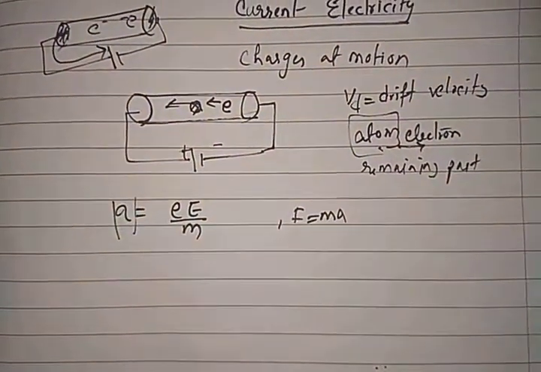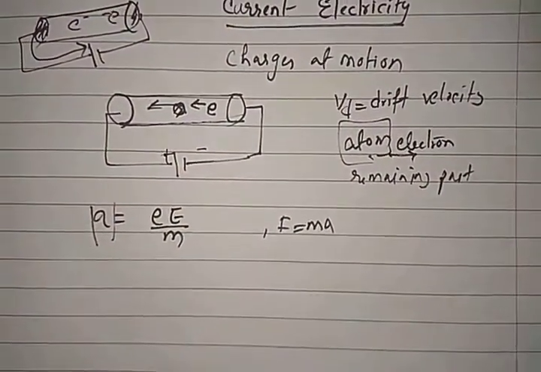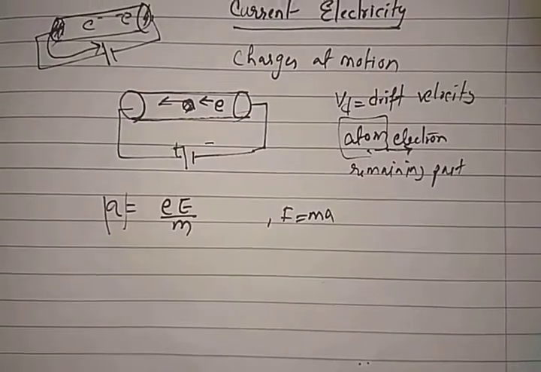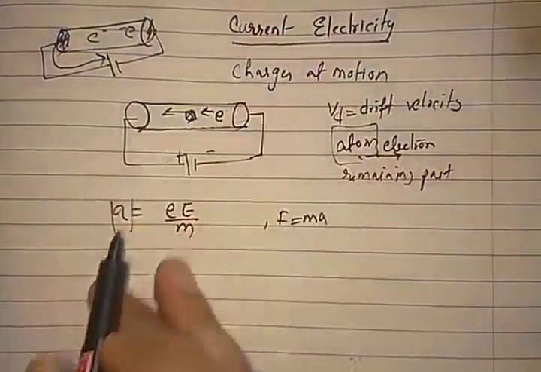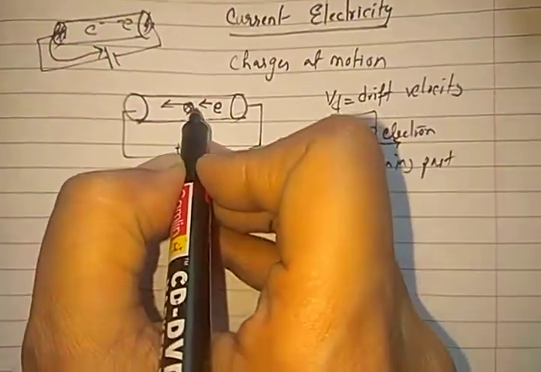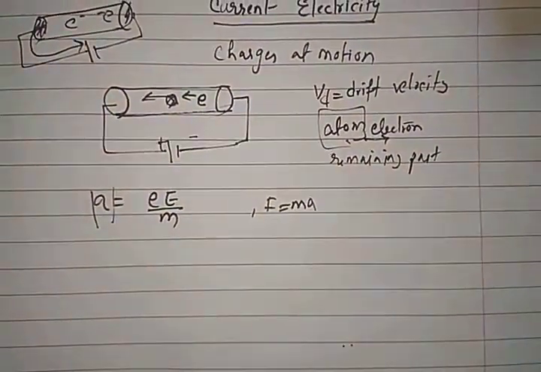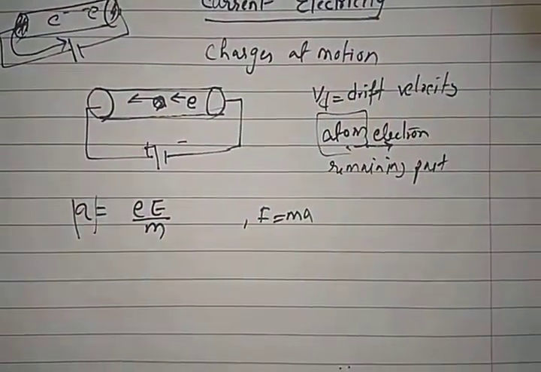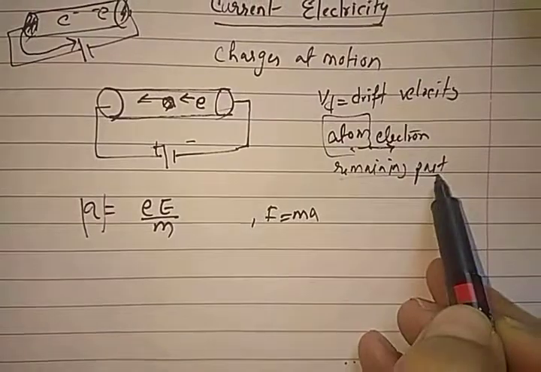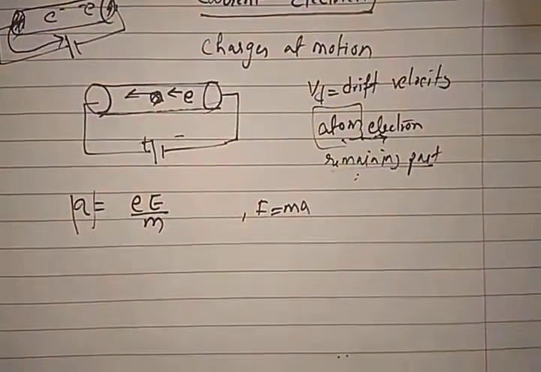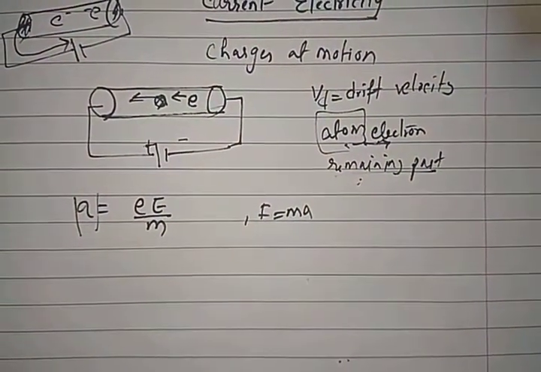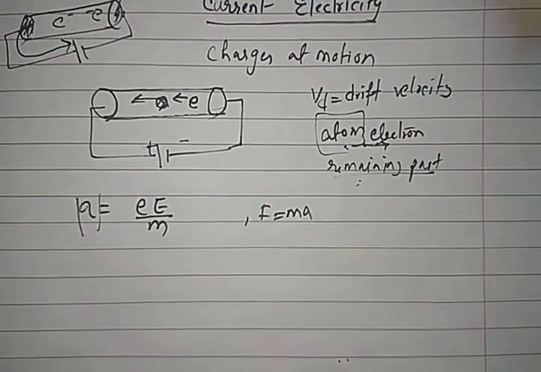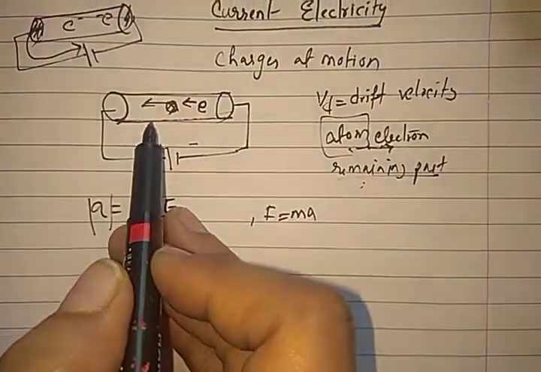It seems that the electron will move with acceleration and its velocity will keep on increasing, but it does not happen because it strikes with the kernel. I told you the kernels are the remaining part of the atom from which the electron is taken out. Due to continued collisions with the kernels, the velocity of electrons keeps on decreasing.